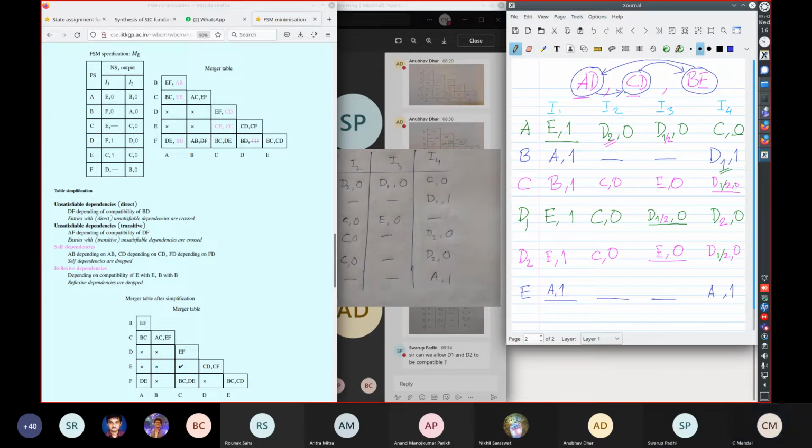So the split states will be incompatible with each other. Yes, that is the idea, because if you did not have to do that, you would not have to split the state in the first place.